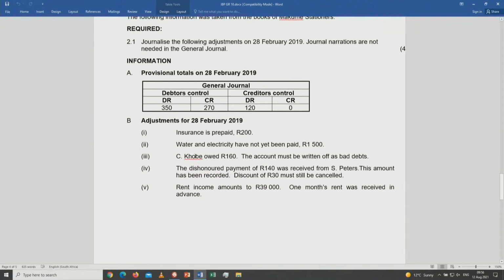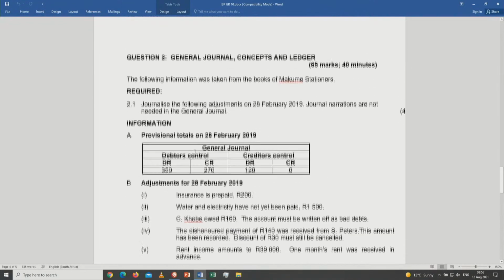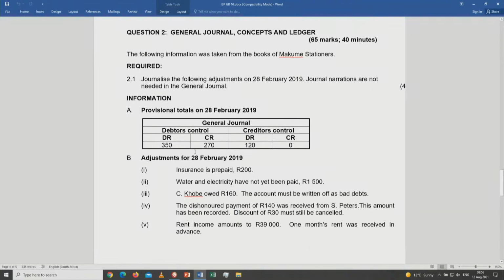Let's quickly look at question 2. It is a combination of the general journal and the general ledger, the general ledger being debtors control and creditors control.